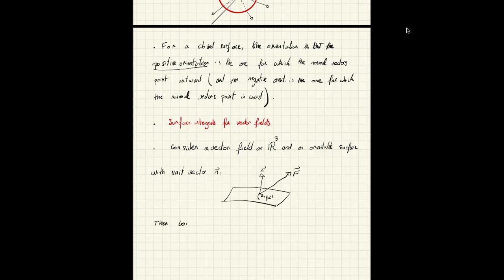Then consider the function f(x, y, z), the scalar product of n with f, right? And remember, if you take the scalar product with a normal vector of unit length, it only gives you the component of f along the n direction.